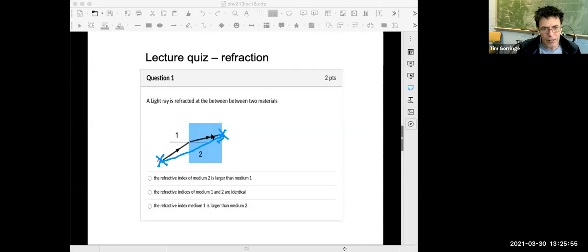So I can partly answer this question for you. Think back to that famous Albert Einstein equation, E equals Planck's constant times f. The light ray's frequency stayed the same when it traveled from one medium to another medium. The wavelengths changed, the speed changed, but its frequency stayed the same. And its frequency determines the energy of the photons.